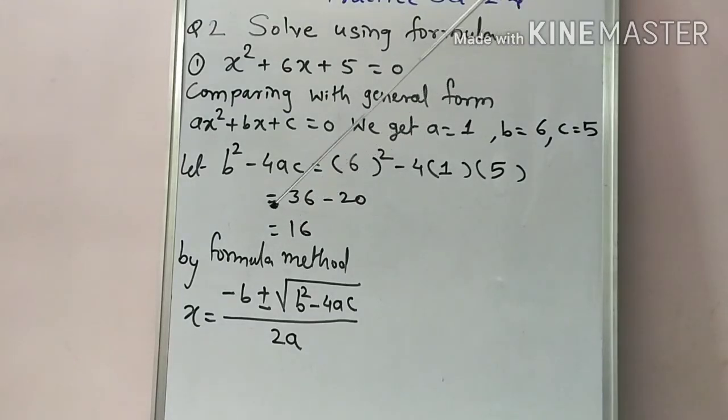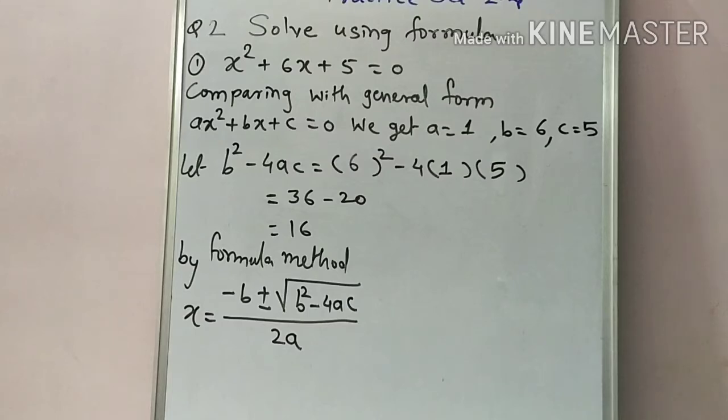Okay, and there is one another reason why we take the b square minus 4ac value first, because suppose it rarely happens, you get this value as negative. Okay, so what happens here, students, that negative value you have to write down in the square root sign.